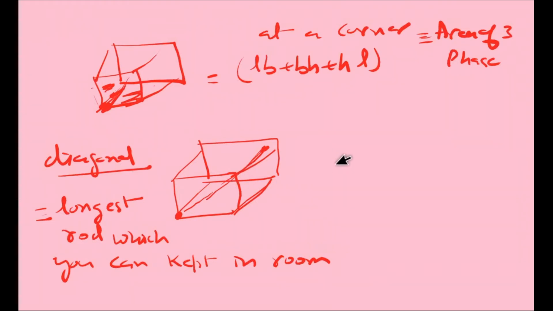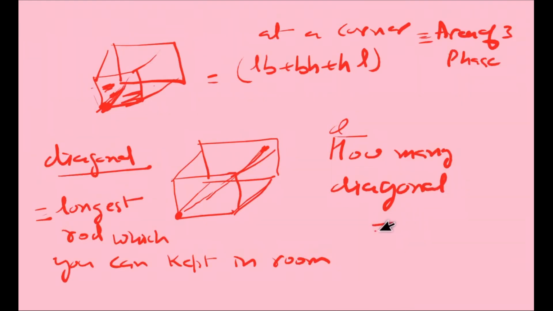How many diagonals? That are 4, one from this, second from this, third from this to this one, and fourth from this to this one. How many diagonals? 4.